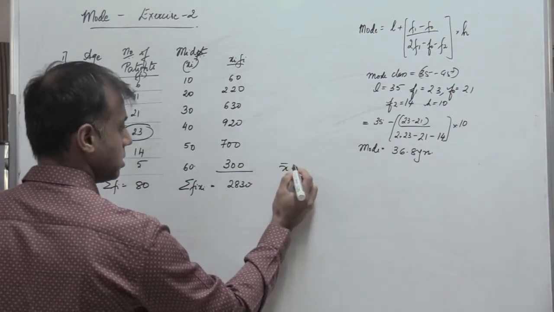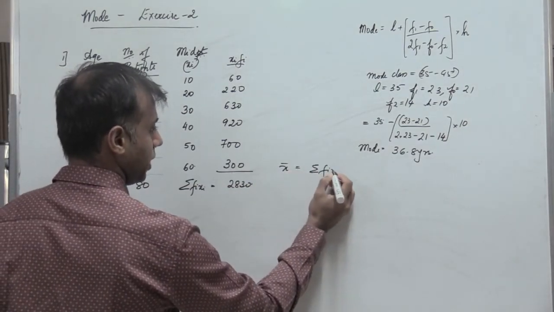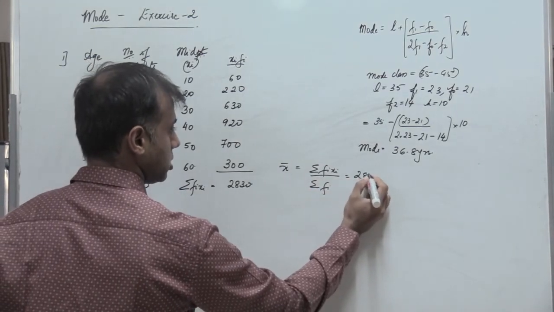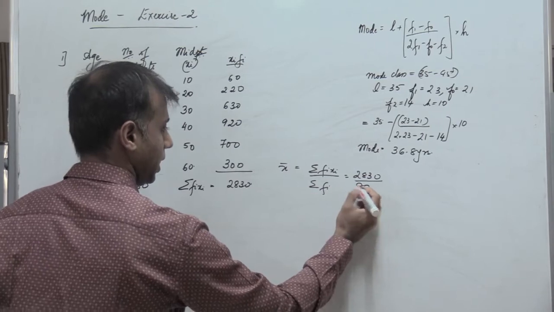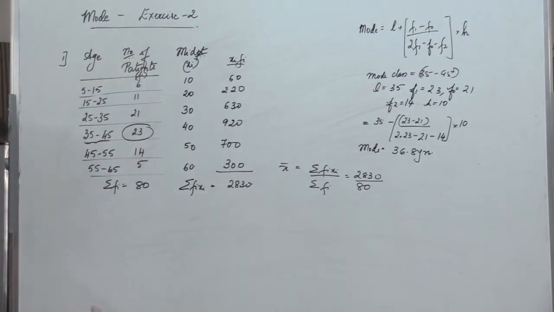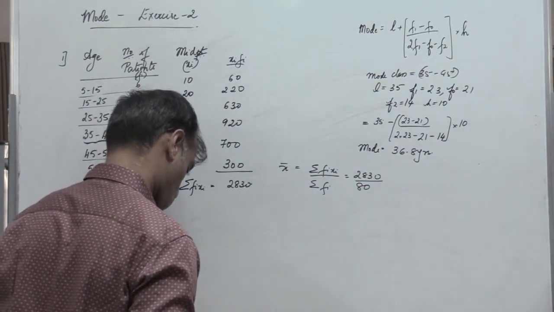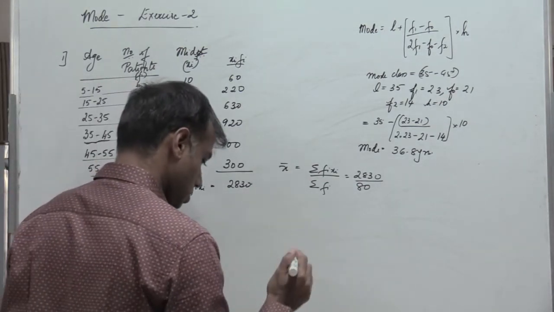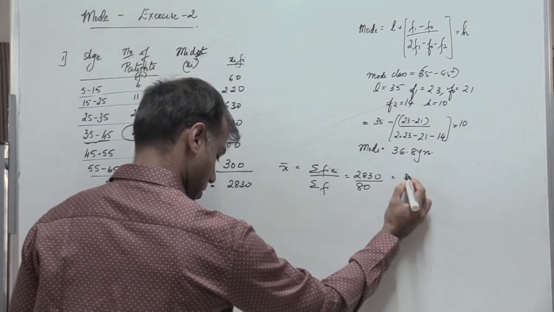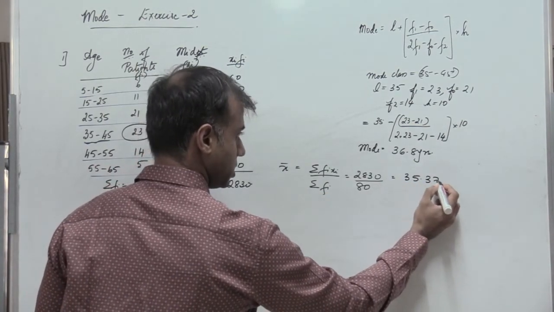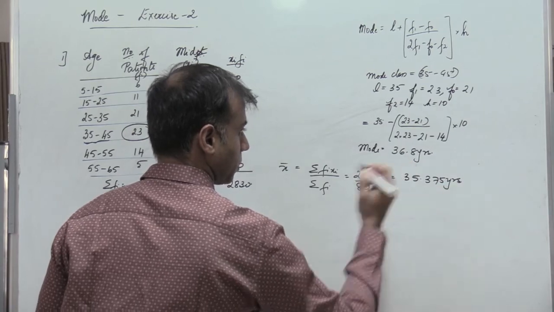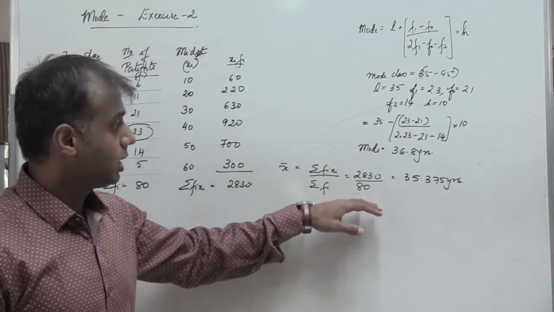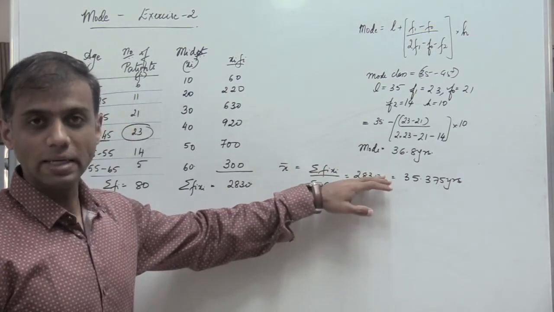So the mean is summation Fi xi divided by summation Fi, which is 2830 divided by 80. So we get the mean value as 35.375 years. So when we compare the mean value with the mode value, we realize that both these values are approximately equal.